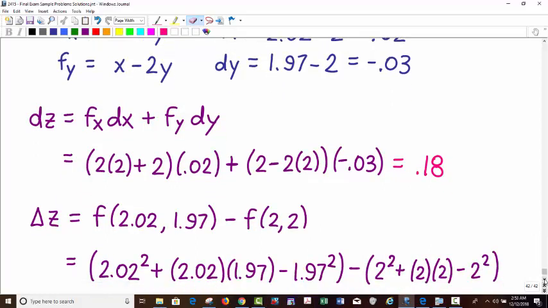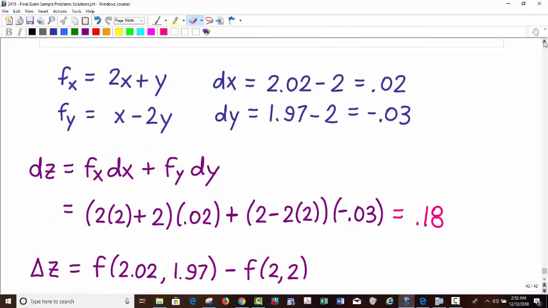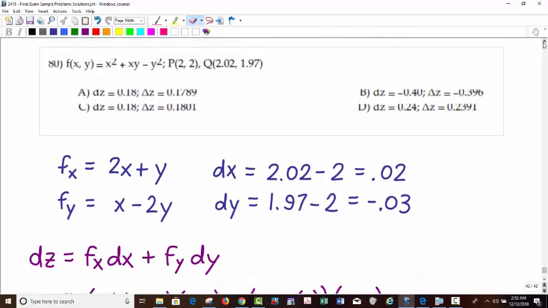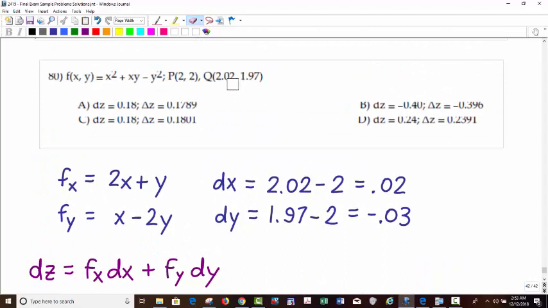And let's see what we have for the actual change, which is literally f of the second point minus f of the first point. So you're not using the partial derivatives at all. You're putting 2.02 and 1.97 into this equation for x and y.